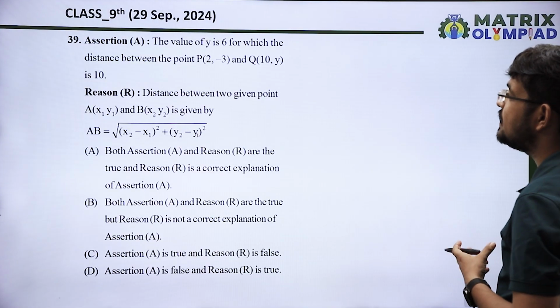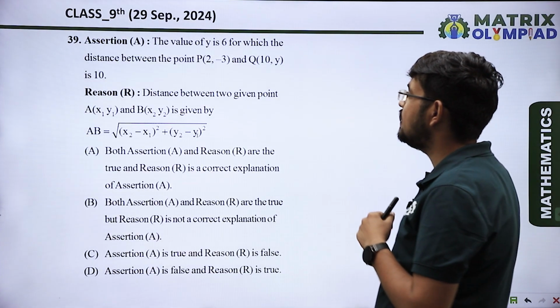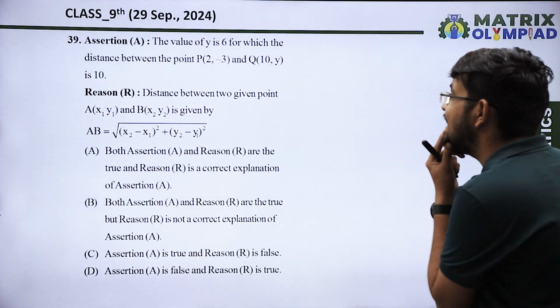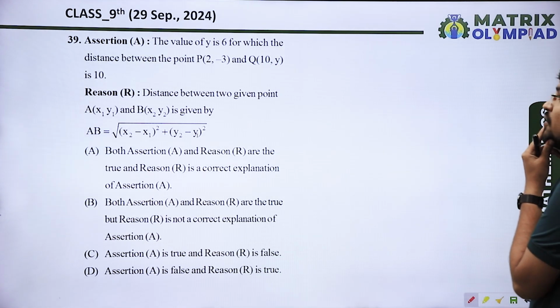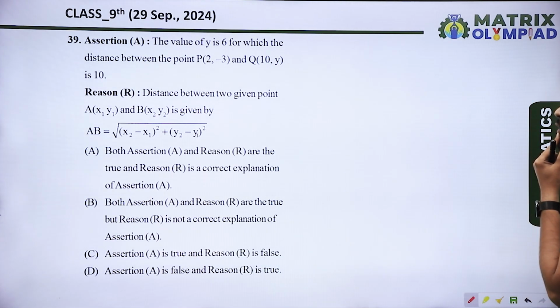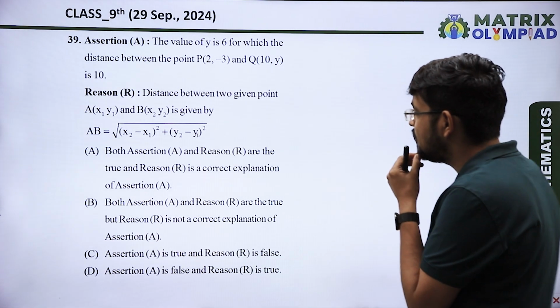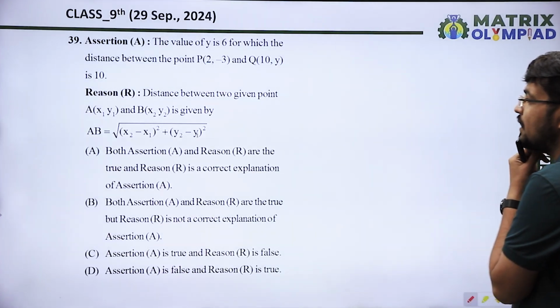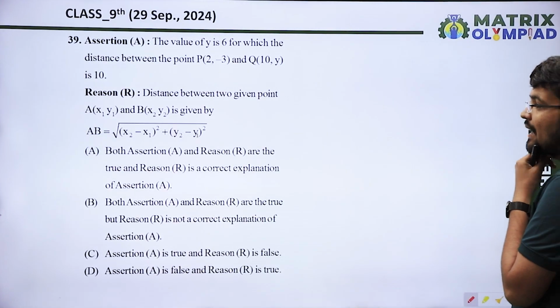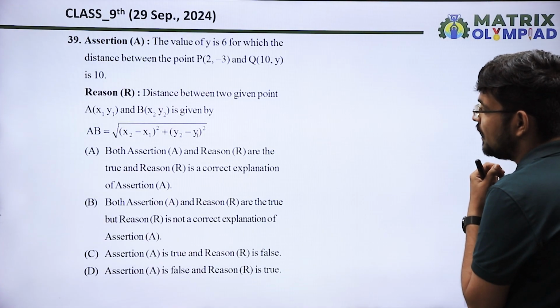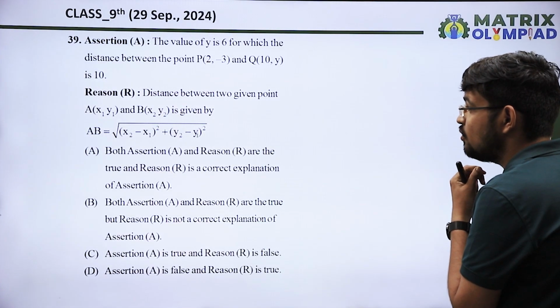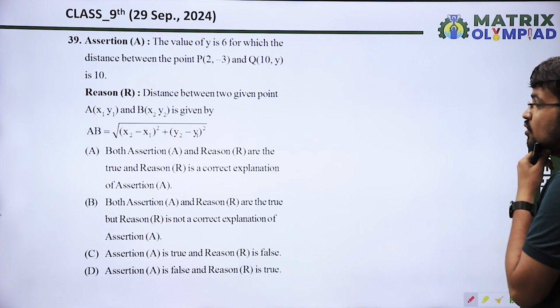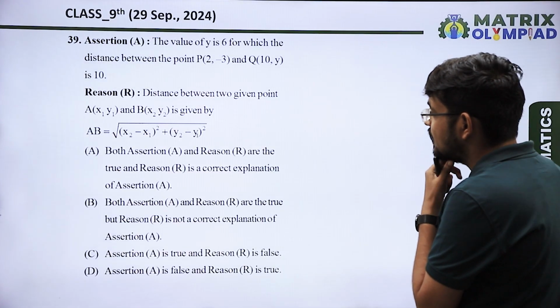Question 39 is related to assertion and reason. Assertion: the value of y is 6, for which the distance between the points P and Q is 10. Reason: the distance between 2 points A(x1, y1) and B(x2, y2) is given by AB equal to the square root of (x2 minus x1) square plus (y2 minus y1) square. Which option is correct?